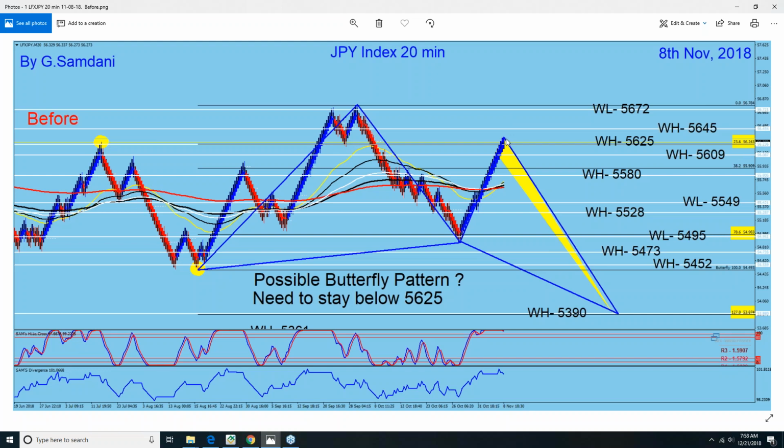You have to use an if-then strategy. If we hold here and start dropping, then what's gonna happen? And if we continue going to the upside, then what's gonna happen? That's how it is. So I said, okay, if we stay here, stop right there, and then start dropping, then the index is going to drop.